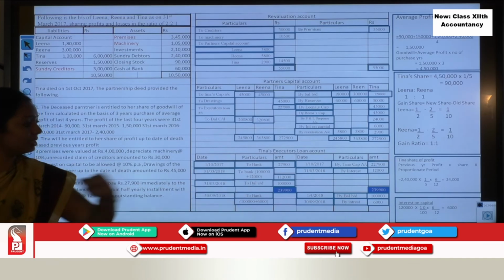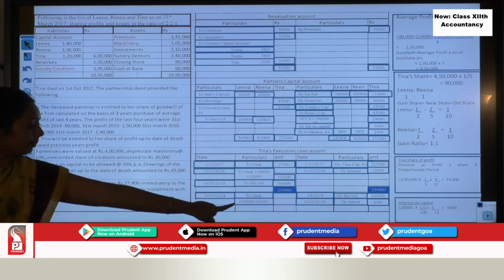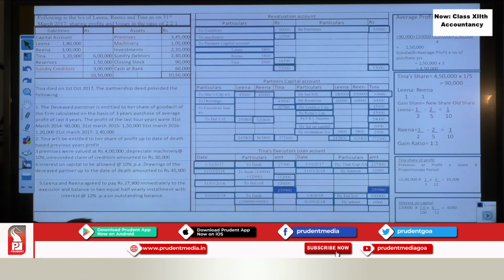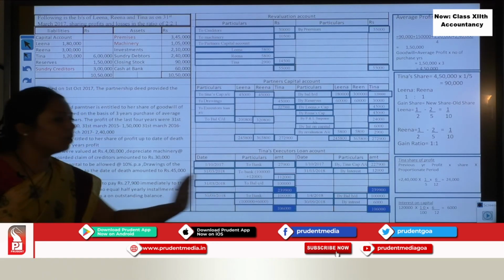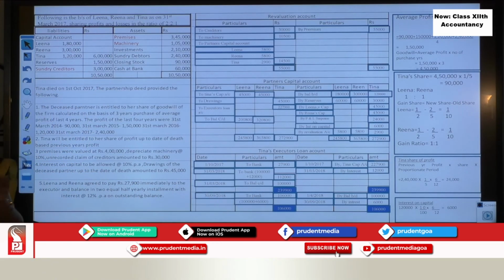How much is the interest? 6,000. So this is principal amount plus interest. It comes to 1,06,000, and you can find here no outstanding balances left. Your account is settled.